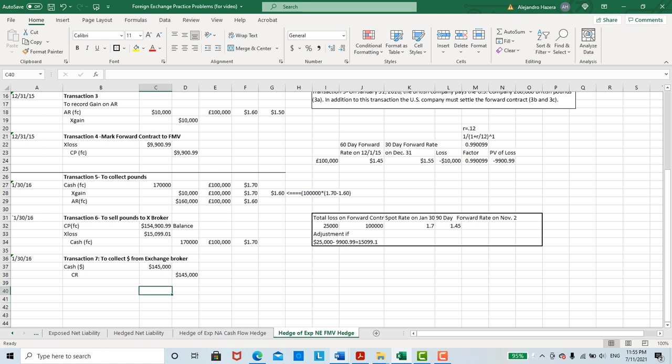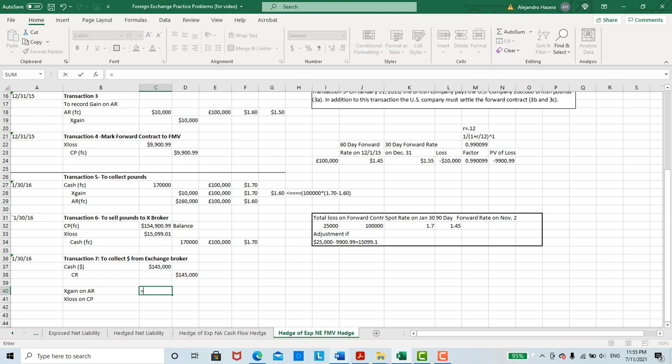And you may be asking, what happened to the expensing of the premium? What was the premium expense? Well, let's go ahead and add up. I'm going to take exchange gain on accounts receivable and exchange loss on contract payable.